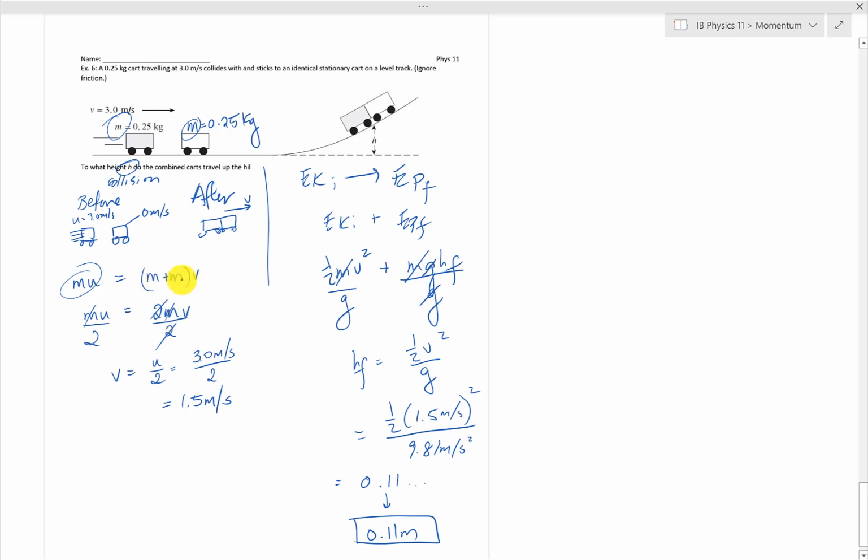So these two m's as I add together gives me 2m. And then as a result, hey, the m's can cancel out on both sides of my equation, and I can then just move 2 to the other side. I get v is equal to u over 2, then giving me 1.5 meters per second. And the other parts of the step are very similar to that of above. We get a total of 0.11 meters.